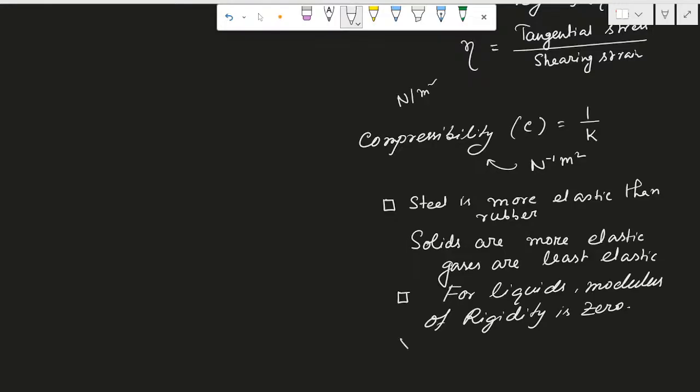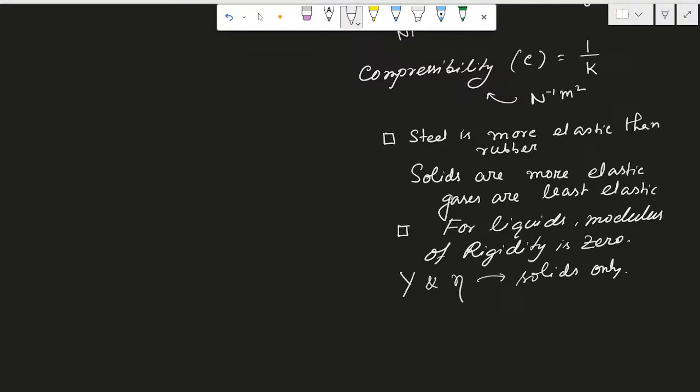So Young modulus and modulus of rigidity are possessed by solids only. Okay, clear up to this?